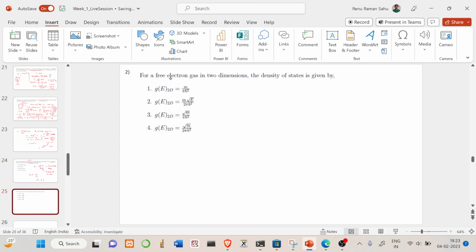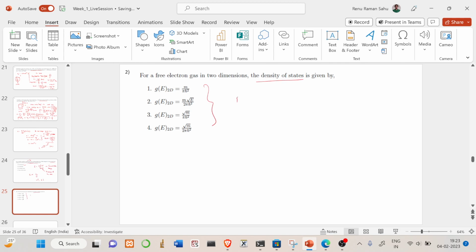Now here it is like for a free electron. For a free electron gas in 2 dimensions, the density of states is given by this, and you can find it using the technique I told you earlier.